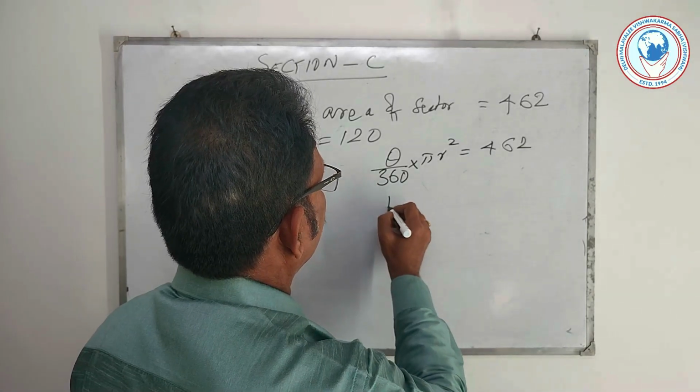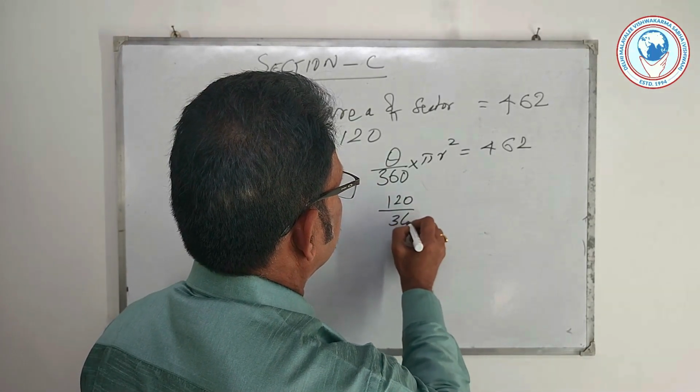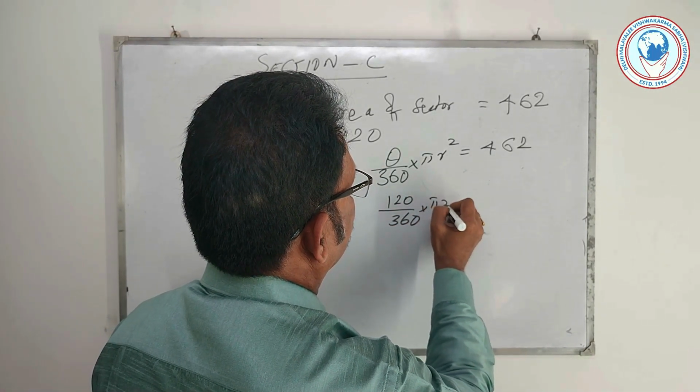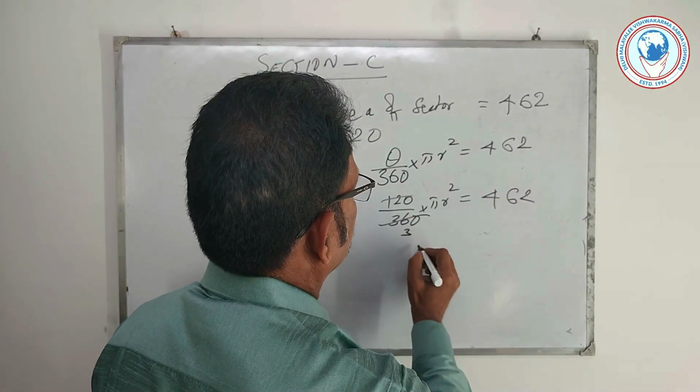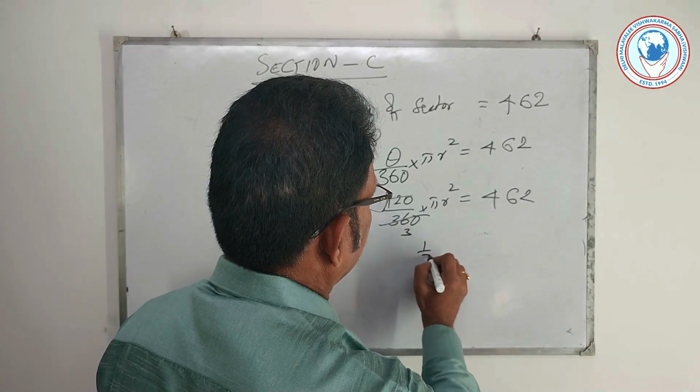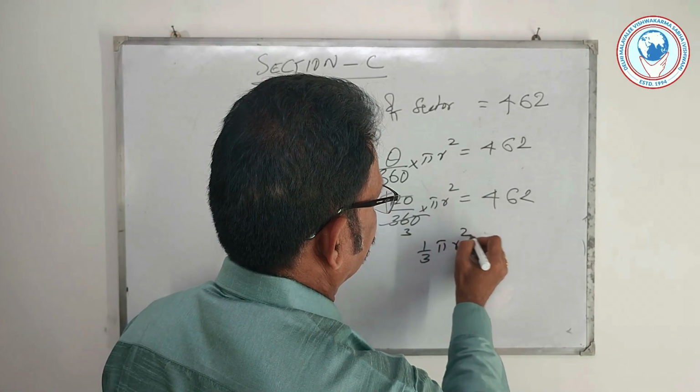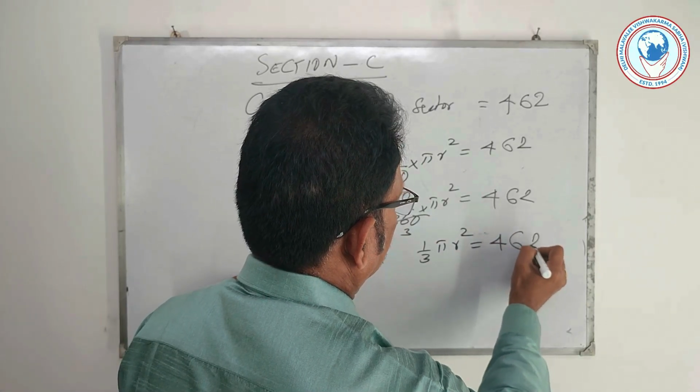So here theta is equal to 120. 120 by 360 into pi r square is equal to 462. So 1 by 3 pi r square is equal to 462.